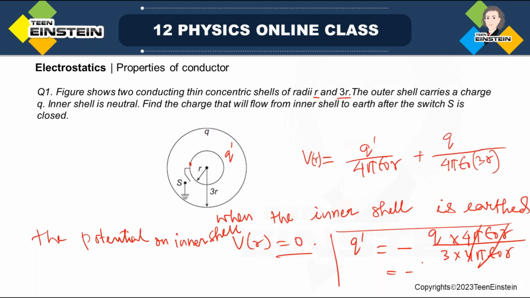So I get Q prime is equal to minus Q by 3. That means how much charge? It is Q by 3 charge which is flowing from the inner shell to the earth. How much? Q by 3. So this is the fundamental idea to solve this kind of problem.